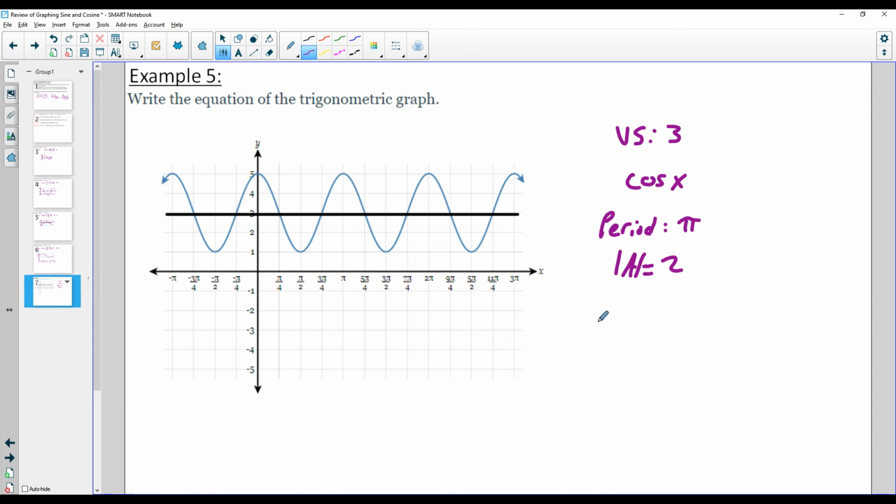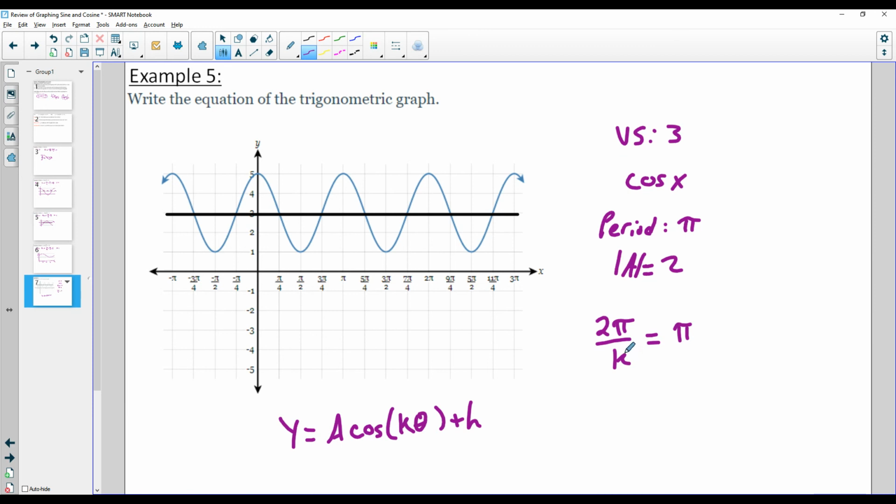But our period was 2 pi all over k. And we know that we have this a times the cosine of k theta plus h. I'm leaving out the phase shift because these ones don't have phase shift, so we need k, right? So we're saying our period is this, which is equal to pi.